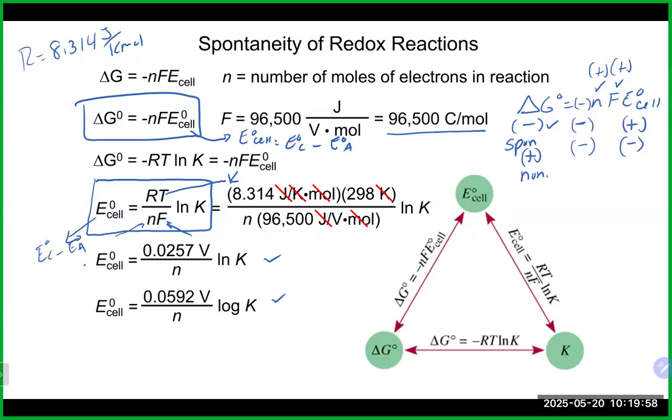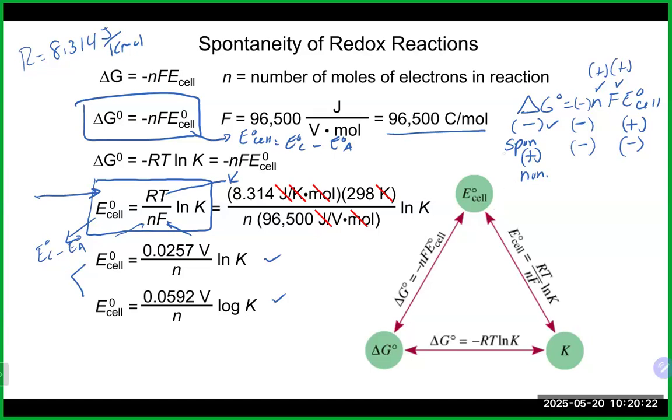Now, do you have to worry about these two equations? The answer is no. You could just worry about this equation and stick the numbers in for R, T, and F, and obviously it'll come out the same. So you don't really have to worry too much about those bottom two, but you will sometimes see people use them, especially when it's at 25 degrees. They use the reduced down version of it.